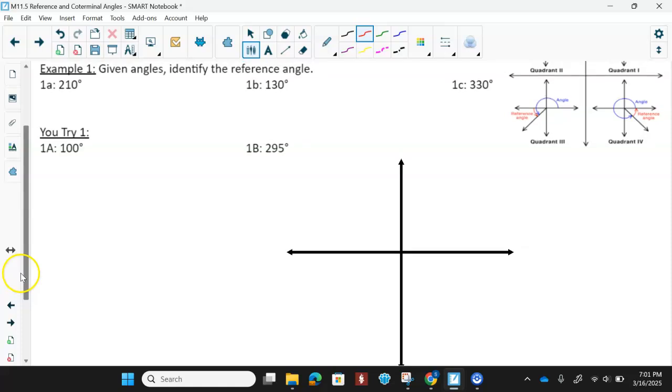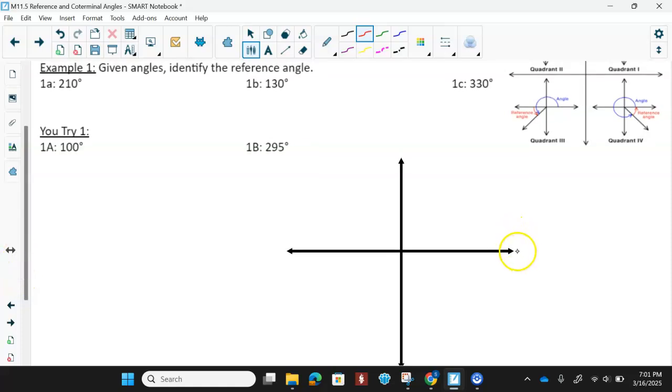So basically, if we're just focusing on the x-axis, right? We're focusing on this is 0 degrees, 90, then 180, 270, 360. So here, let's say I want to create a 30-degree angle.